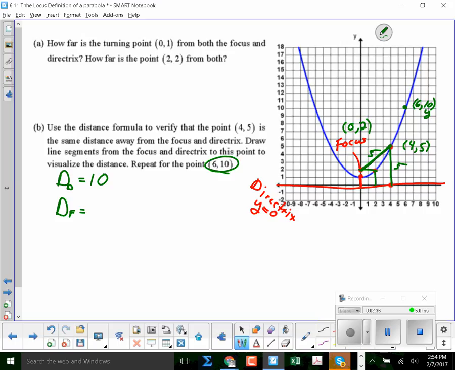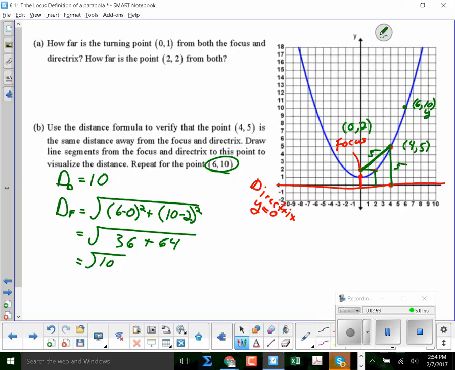So that distance is going to be the square root of x minus x squared, so 6 minus 0 squared, plus y minus y squared, 10 minus 2 squared. So that's the square root of 36 plus 64, which is the square root of 100, and sure enough, that's 10. Again, the distances match. And that would work for any point on the parabola.